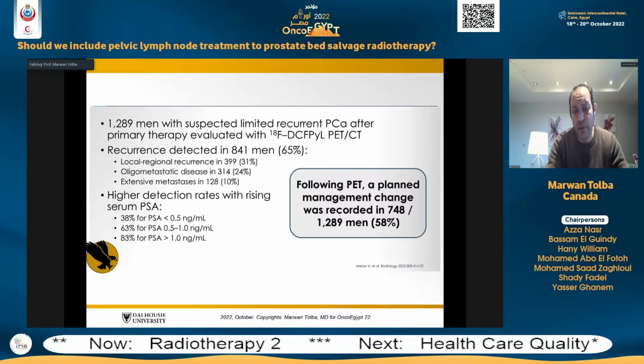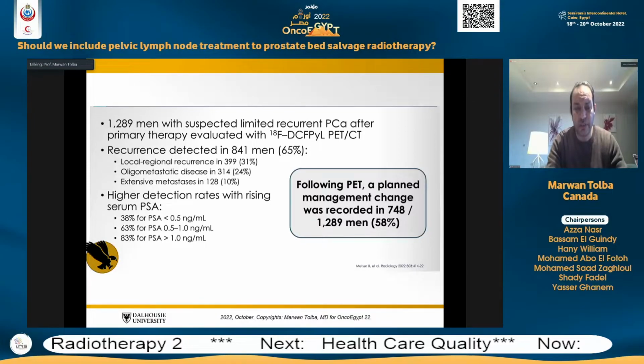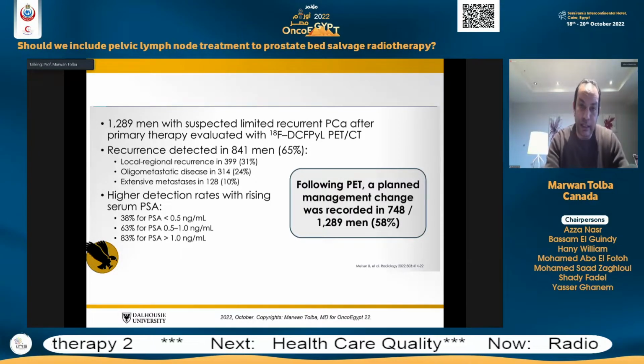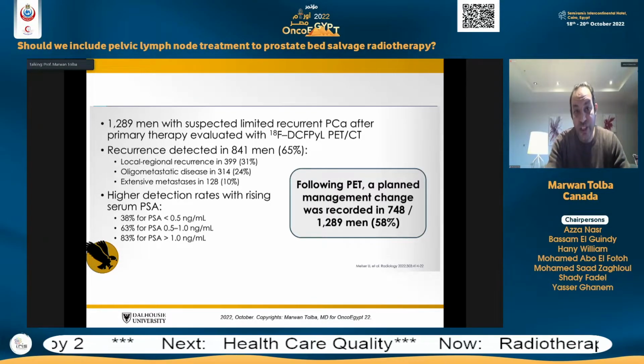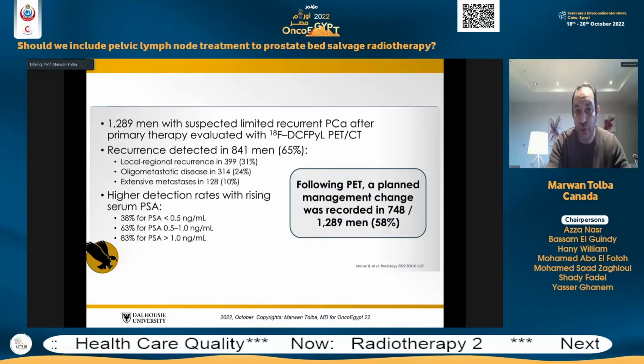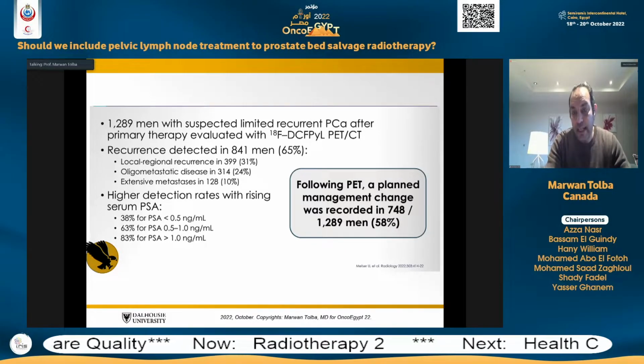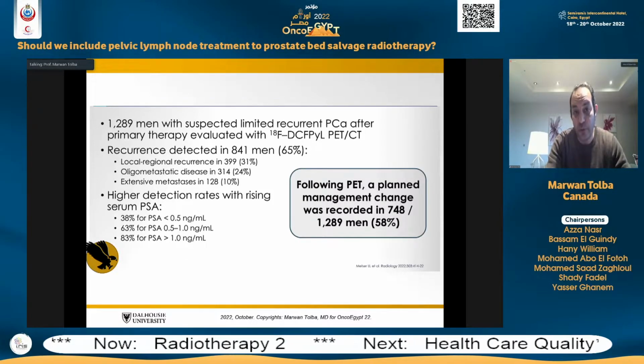They included more than 1,000 patients, about 1,300. They did the PSMA PET scan for those patients, and the detection rate for occult metastasis reached about 40% at PSA less than 0.2 and 0.5. And following the PET scan, the planned management changed in about 58% of those patients.